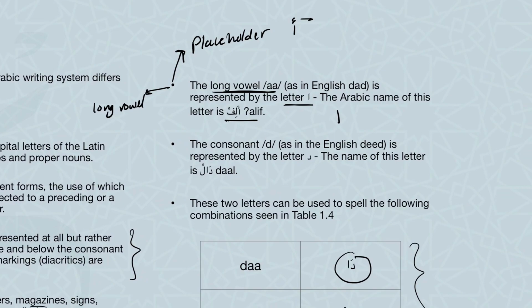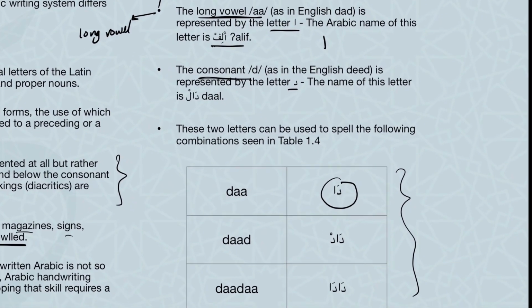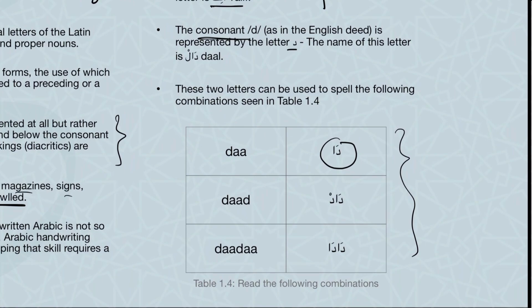The next one, the letter dal, basically sounds like the d in dog, deed, day. So if I'm going to use the long vowel that we've learned, the alif, now I can use this in writing. I can create these combinations.